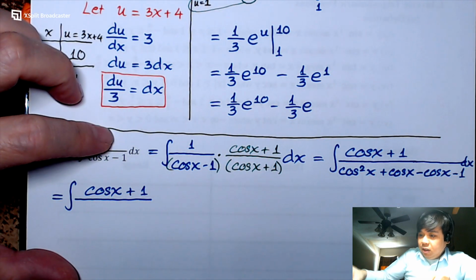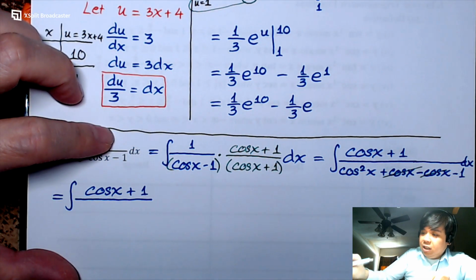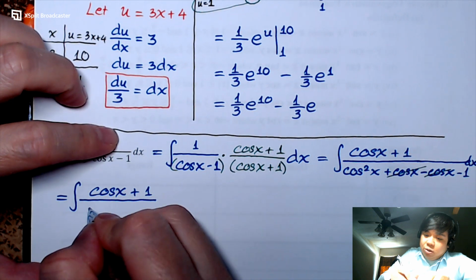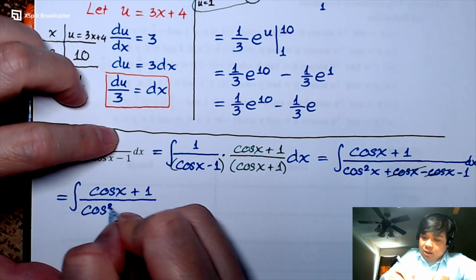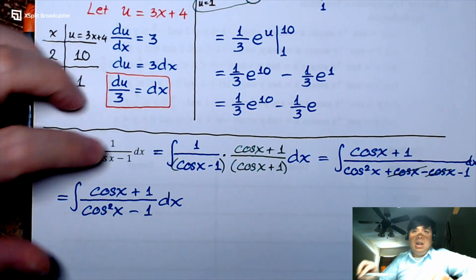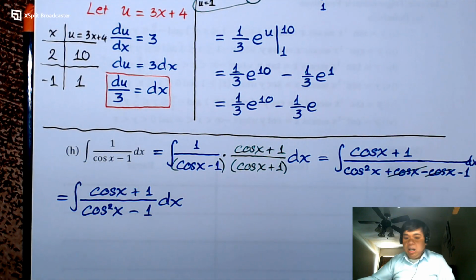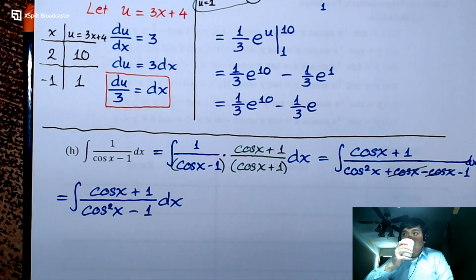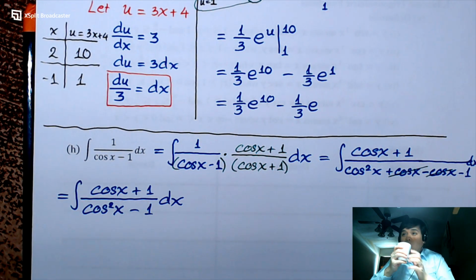The bottom, this cancels out. We have cosine square minus 1. And then you say, wait a minute, there's still two terms. How did that help? Well, it's cosine square.